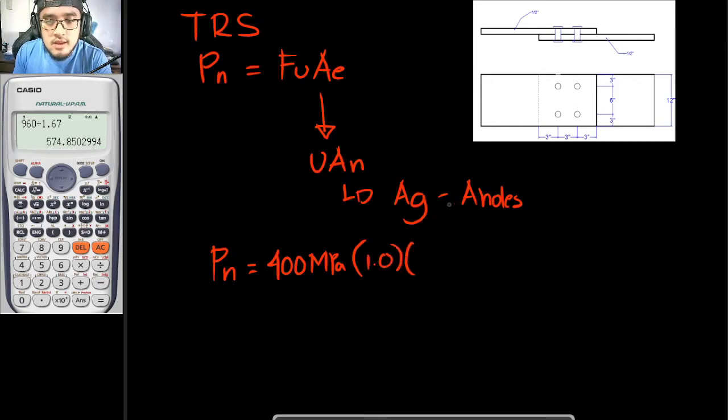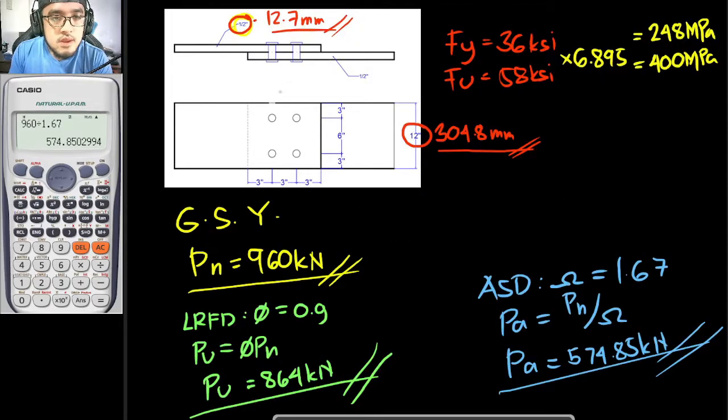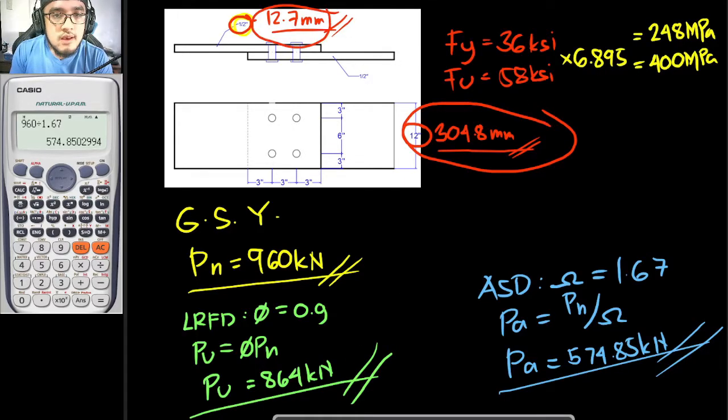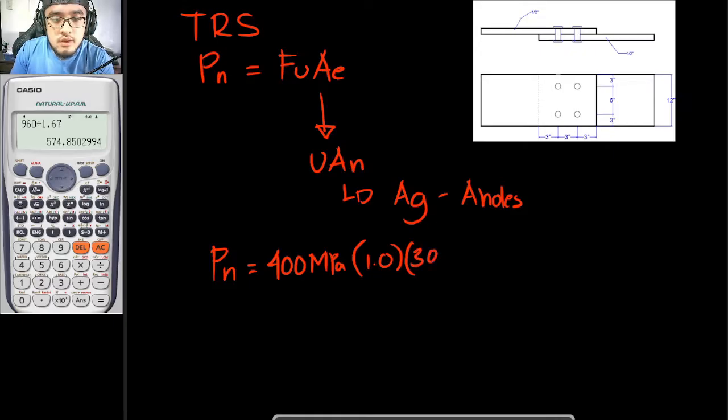And our area net is once again equal to AG minus area of the holes. And from this one right here, ang AG natin is to be 304.8 times 12.7. So that is to be the cross-sectional area minus the area of the holes.